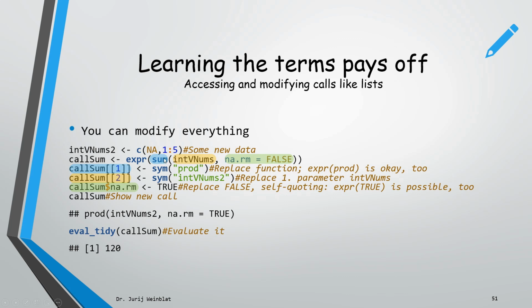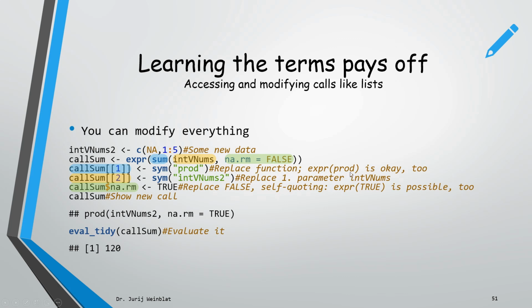And now we are going to modify basically all parts which are highlighted here. So literally everything. And in order to modify the function itself, we have to remind ourselves that these functions are based on our definition symbols, and this is why you use the sym function in order to modify it by specifying the new name as a character string.